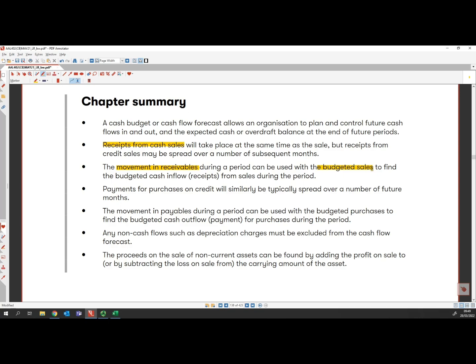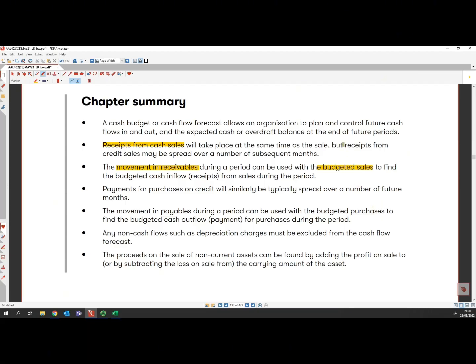Payments for purchases will behave in a very similar way to receipts from customers. Clearly, we are talking about cash outflows in this case rather than cash inflows. But some of your purchases may be for cash, in which case the cash outflow will take place at the same time as the purchase. But if your suppliers give you a credit period, then you can wait for maybe a few weeks, maybe even a few months before having to pay the supplier.